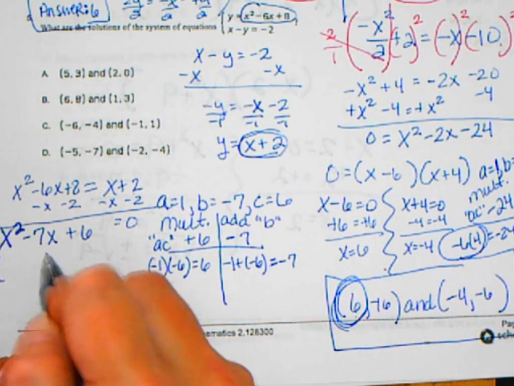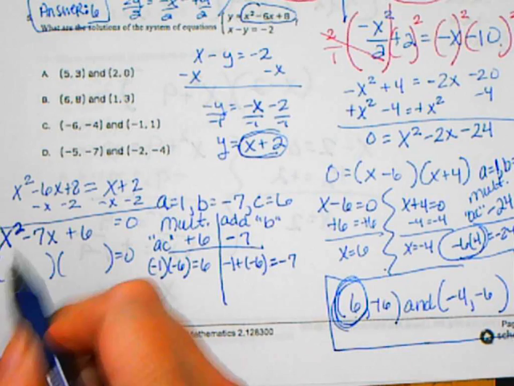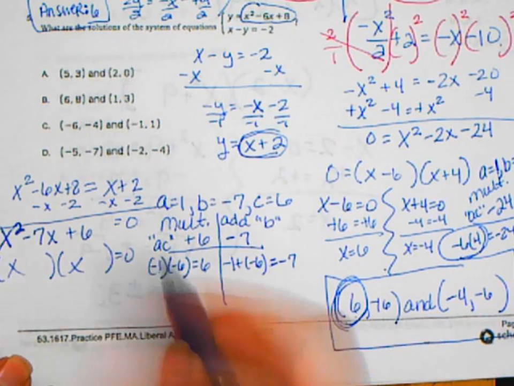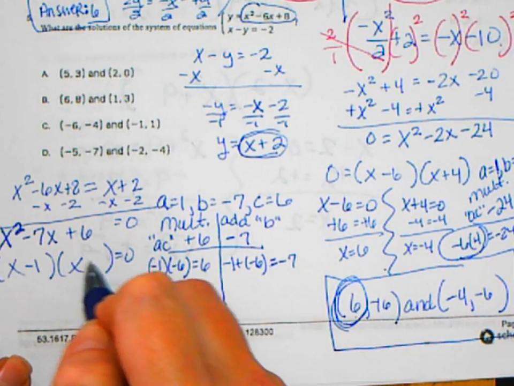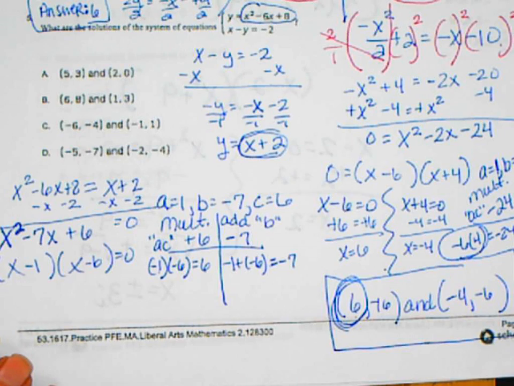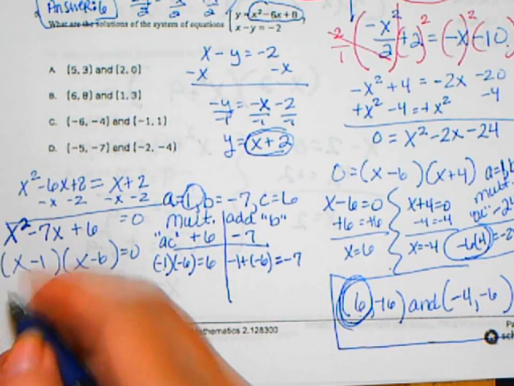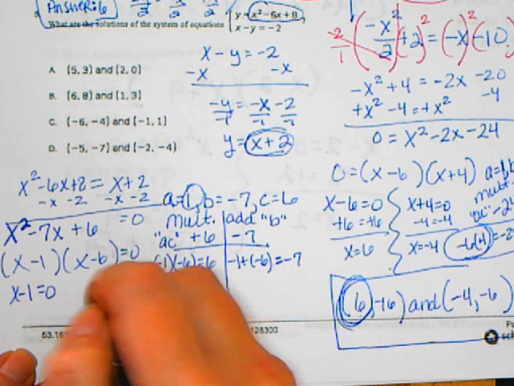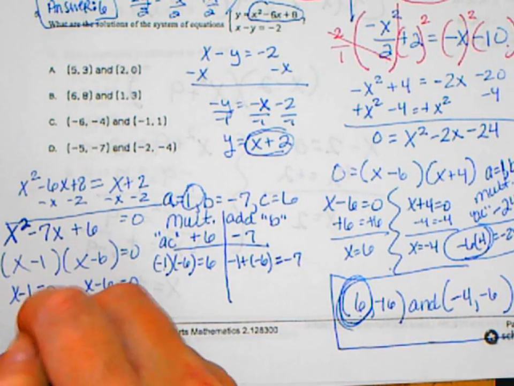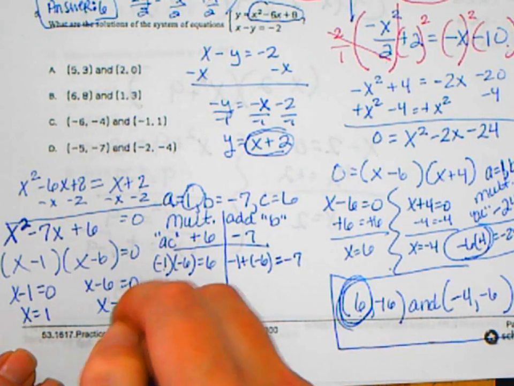So in my factors, I have x minus 1 in one set and x minus 6 in the other set. What would I divide and slide by? 1. Is that necessary? No. Any other number and it would be. So now that I have my factors, I'll set my factors equal to 0. x equals 1. x equals 6.